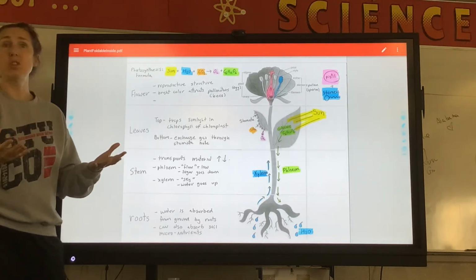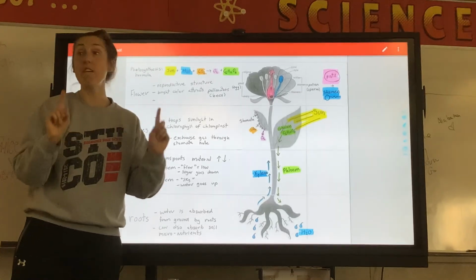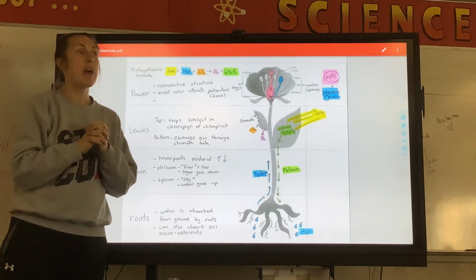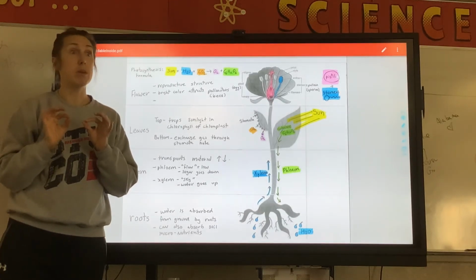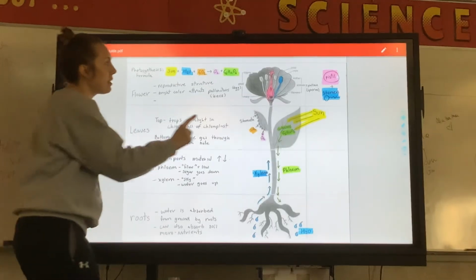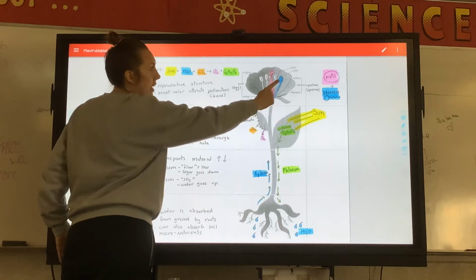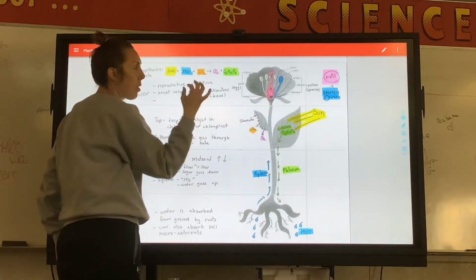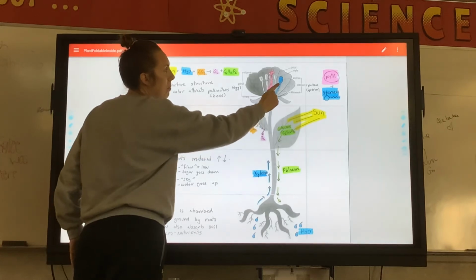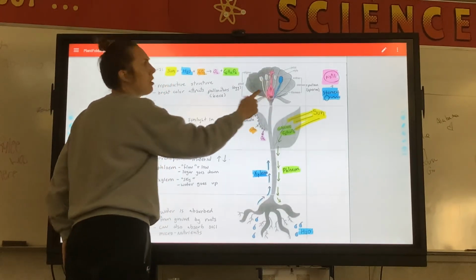So one question on the STAR test that I thought was very fair was, what is the path that male sperm has to take to fertilize a female flower? So guys, if this blue thing is the boy part and this is the girl part, wouldn't you say that the pollen has to go from this part to this part? Yeah.